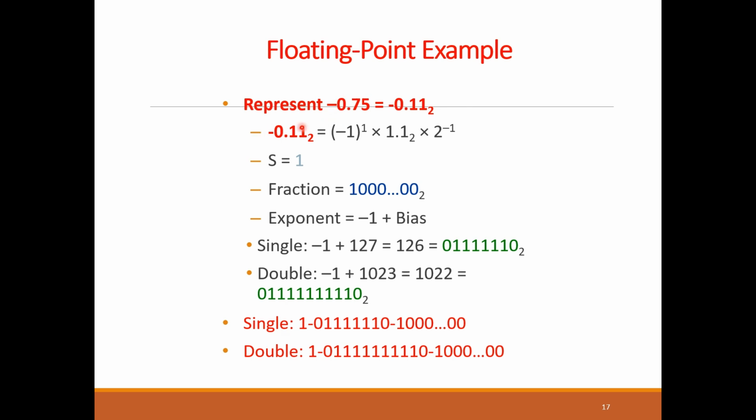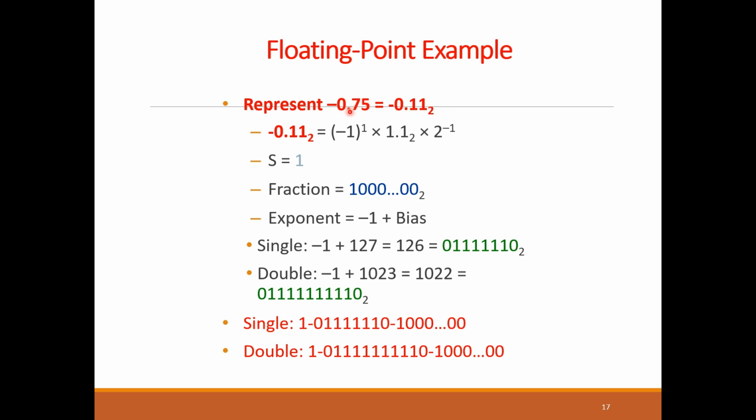Suppose you have a number minus 0.75. It is a decimal number. How do you represent it as an IEEE 754 single precision number? So first decimal to binary, this is the binary conversion, minus 0.11. This 0.1 is 0.5 in decimal, and this one is 0.25.